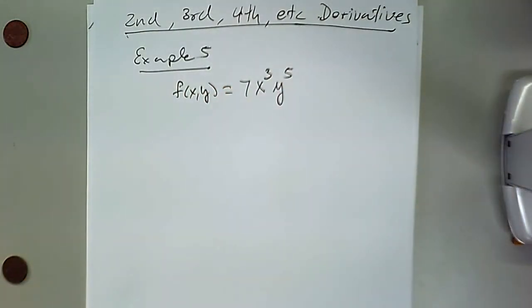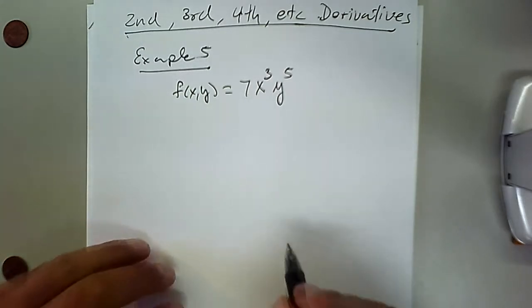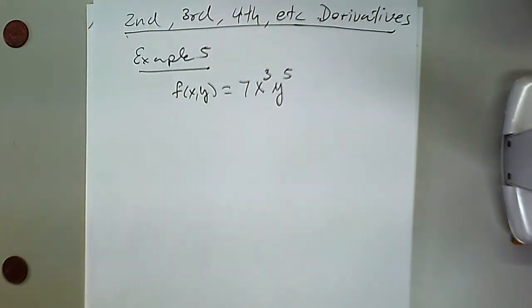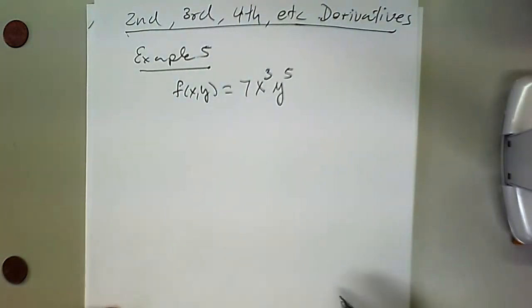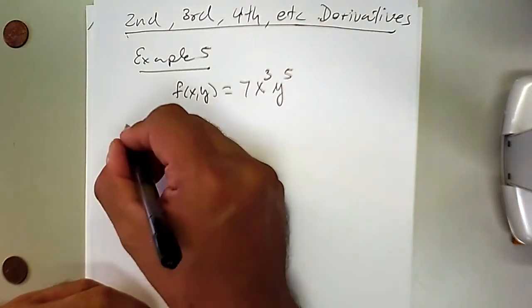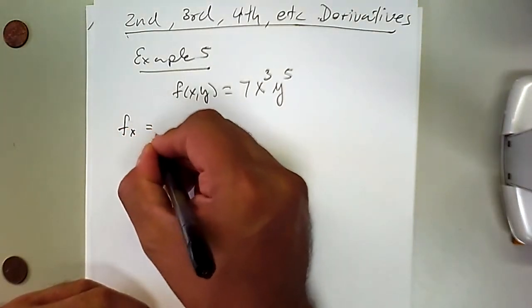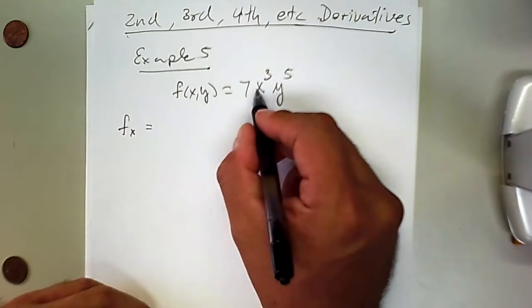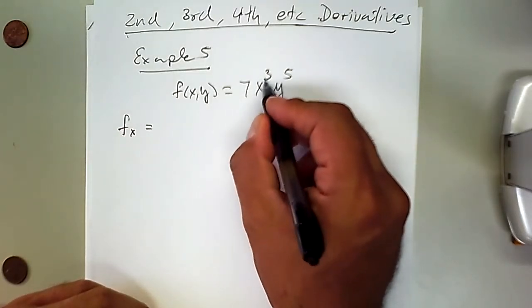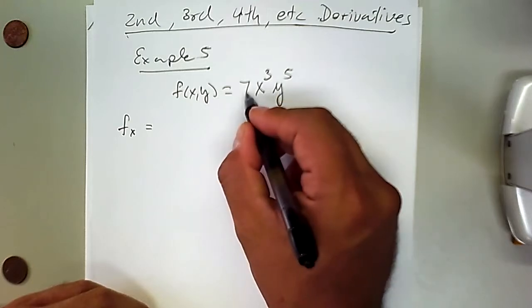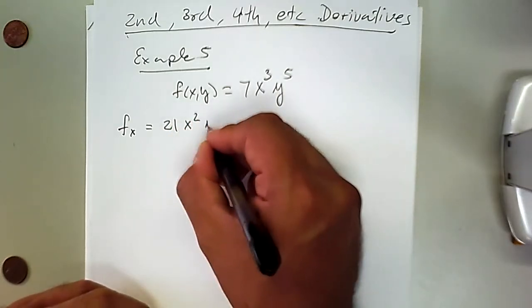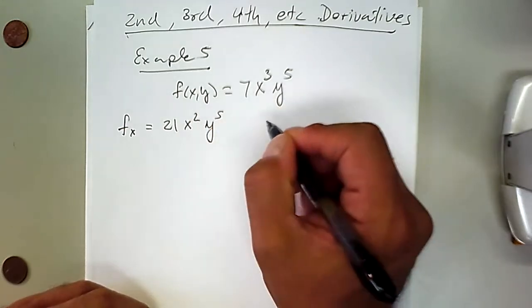There, just one term, but the exponents are high enough that it will withstand many derivatives of different kinds. The derivative of this function with respect to x: the derivative of x cubed is 3x squared, multiplied by the 7 gives us 21x squared, and we keep the y to the 5 because that is a constant.